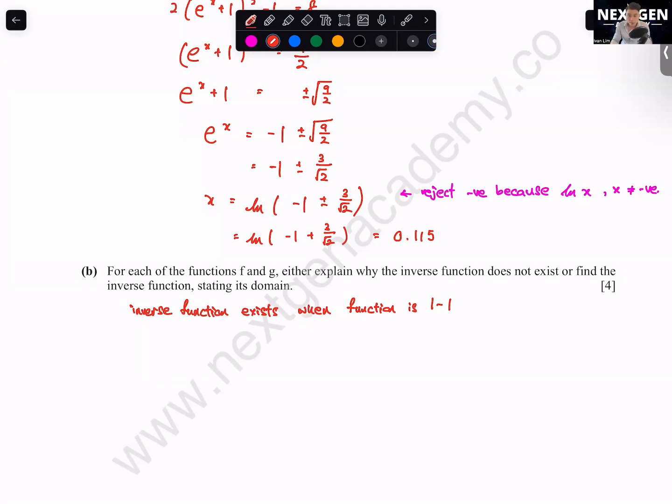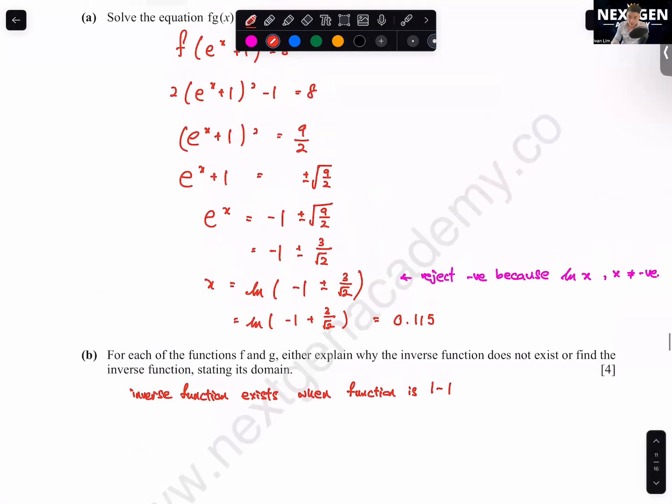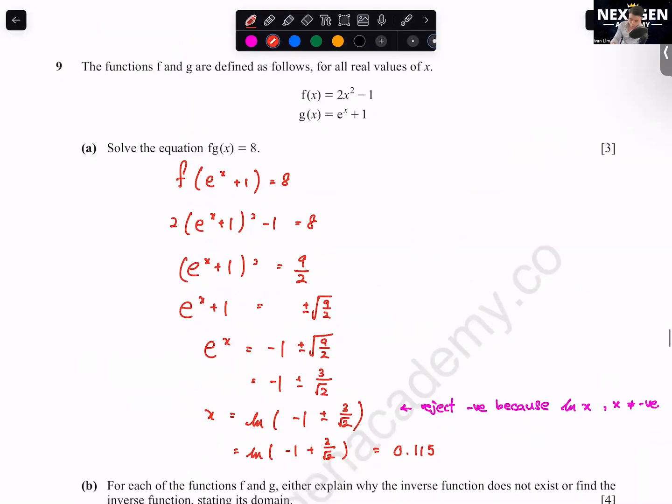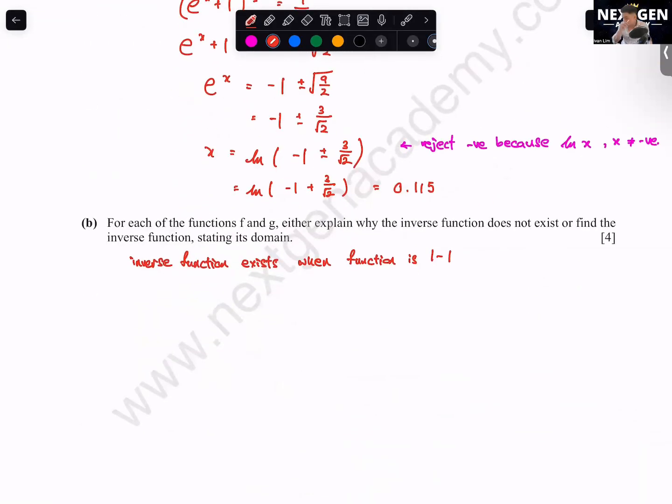Got it? Only for a one-to-one function will the inverse exist. So now we have to look at the nature of the equation. What type of graph is it? You look at fx. What is fx? 2x squared minus 1. What type of graph is this? This is the quadratic, right?